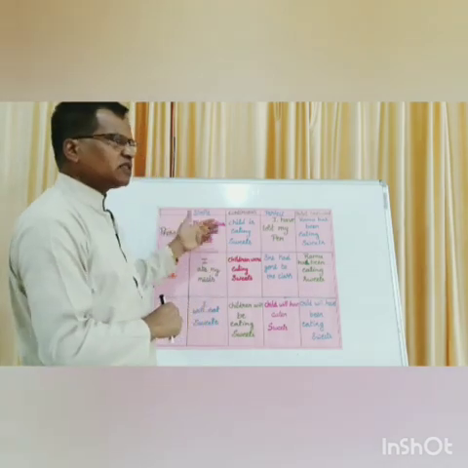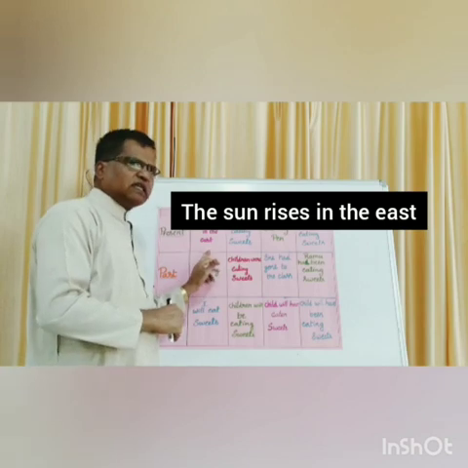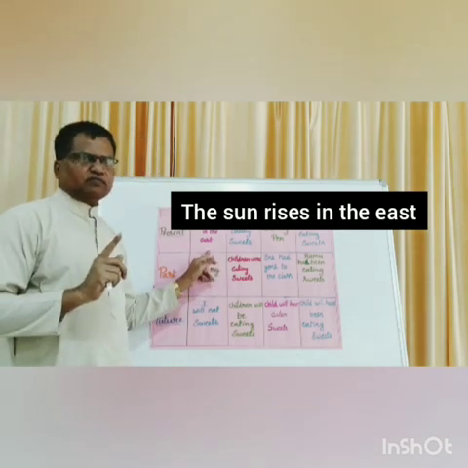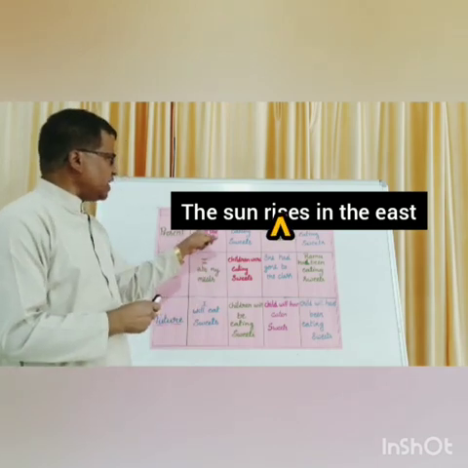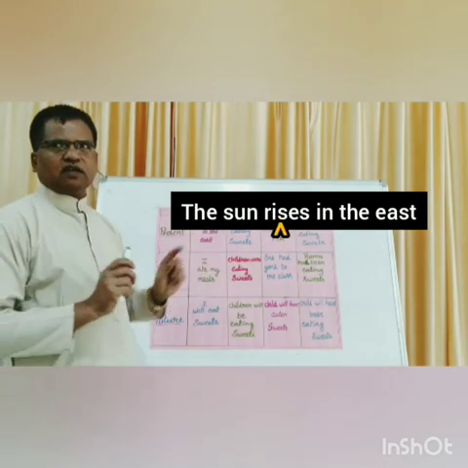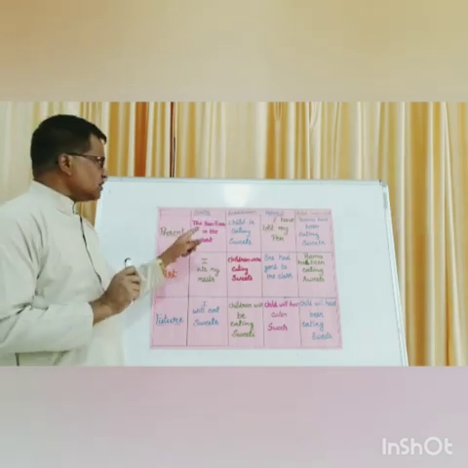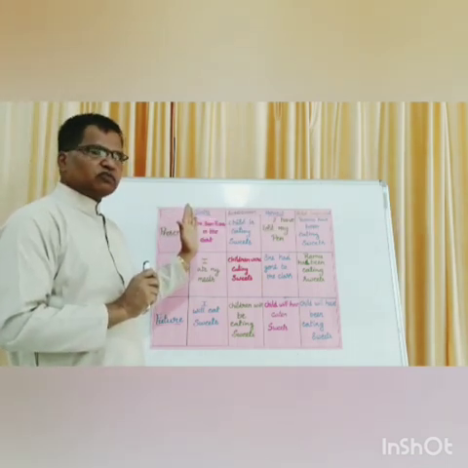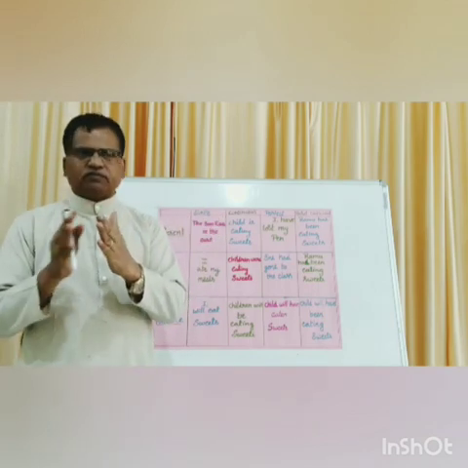Now the first one, how to construct this? Present simple: the sun rises in the east. We have written one sentence here. The main verb is rise, R-I-S-E. We must remember that subject and verb should agree with each other.